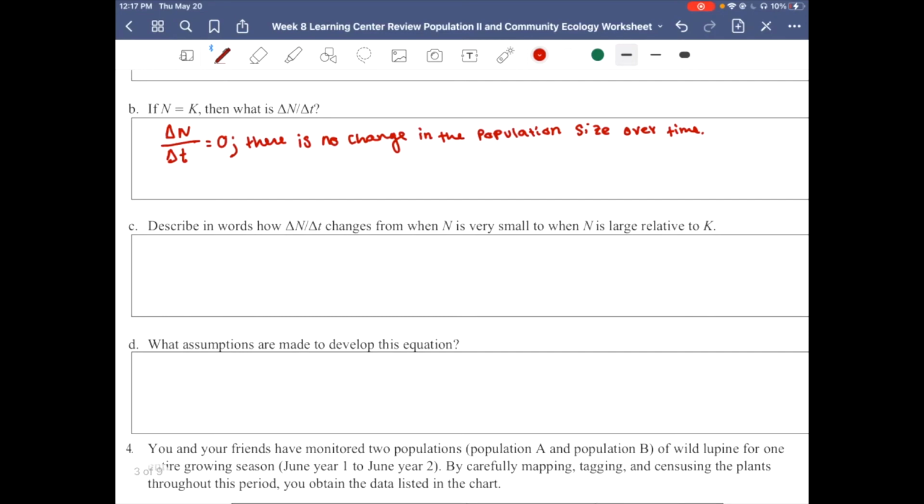All right, now we're going to be looking at the n value. So when n is really small, the population is growing exponentially.